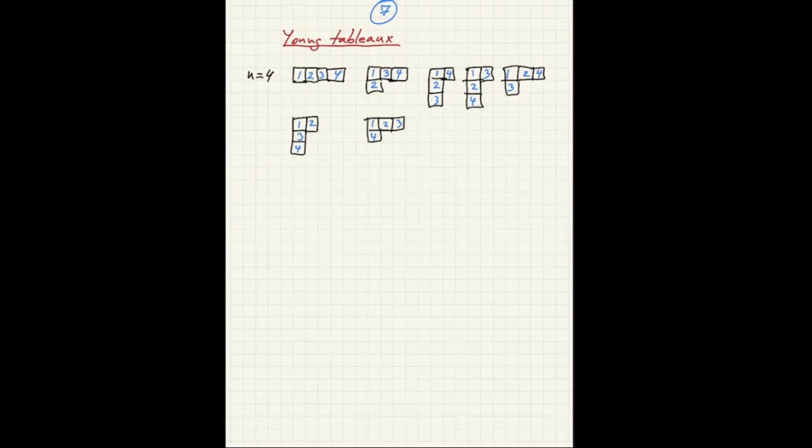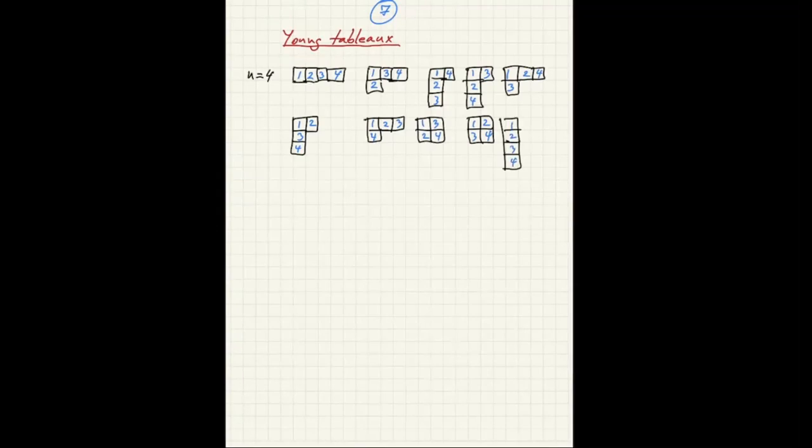And I'll give you 2 square ones: 3 and 2, 4. And this one: 1, 2, and 3, 4. And the last one, the vertical one, it's clear, it's just 1, 2, 3, 4.